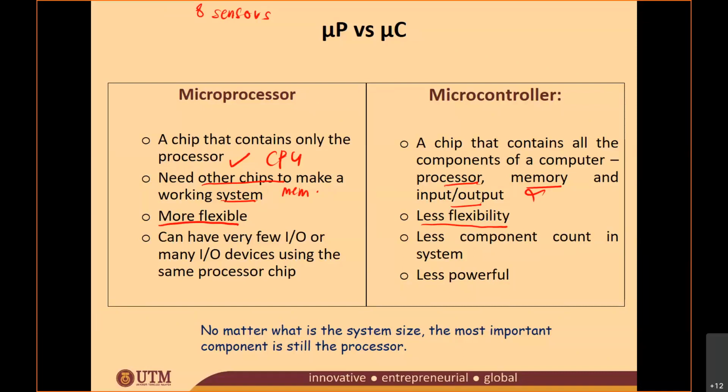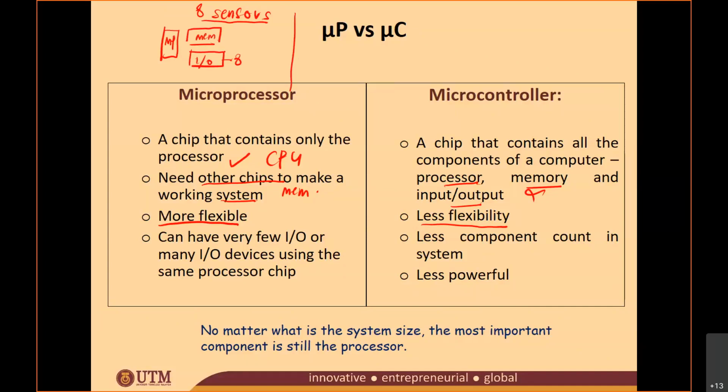So kamu belilah micro P. Okay, and then you kena beli IC untuk memory. And then you will beli I/O IC that consists of 8 input output ports. Kenapa? Kita nak accommodate these 8 sensors. Okay, this is for the micro P.